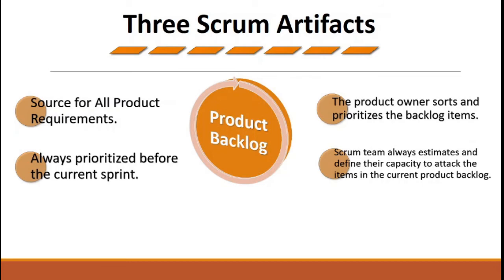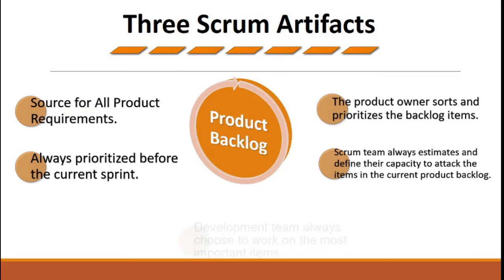So let me repeat the sequence of activities that are happening in the product backlog in chronological order. First, the product owner gathers all the requirements and registers all the requirements in the product backlog. Then the product owner sits with his team and all the stakeholders as well and tries to prioritize the product backlog and sort it. Once the product backlog is prioritized, then the team is going to estimate their capacity to attack the items they are going to pick in their first sprint.